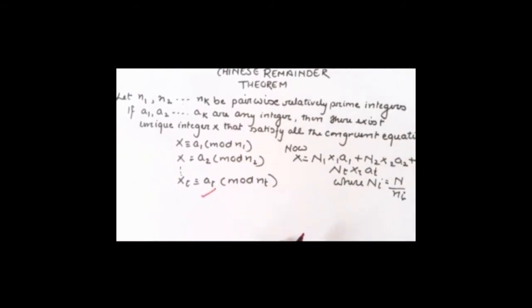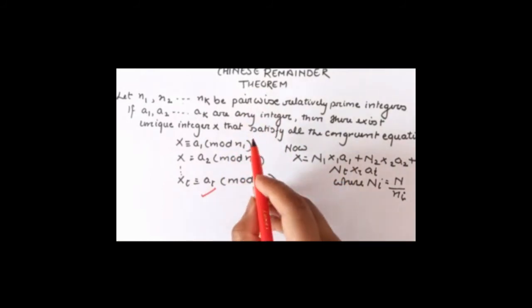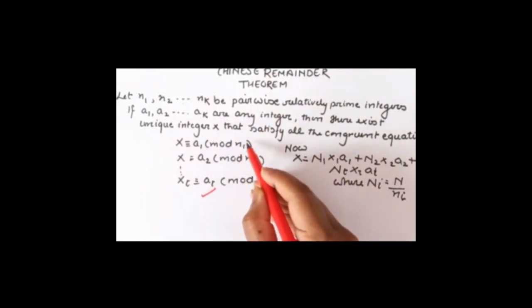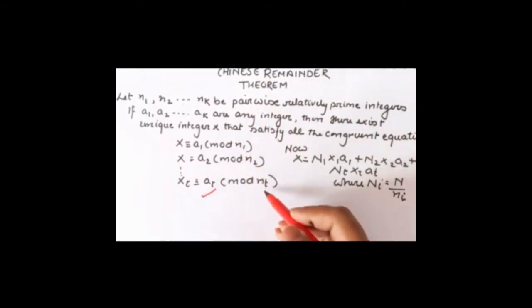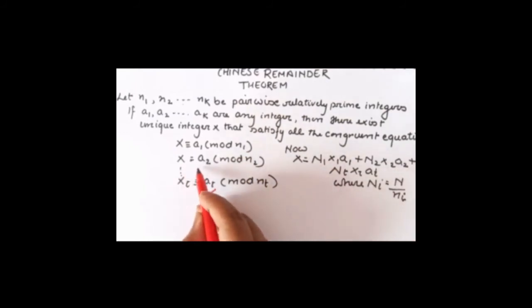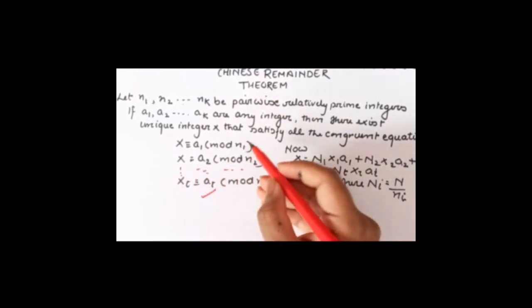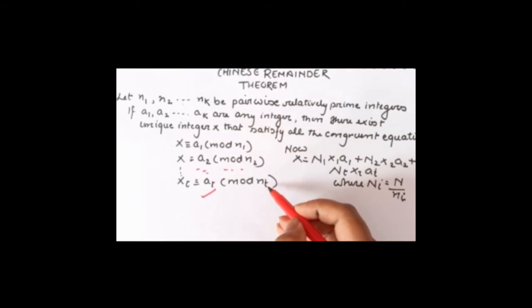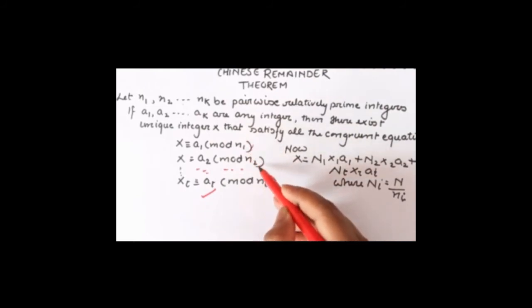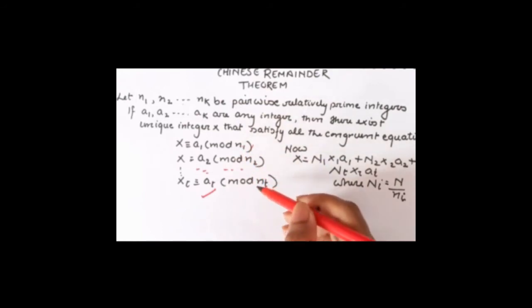Let me explain what is written. Basically, if n1, n2 up till nt are numbers, there can be many equations here, and these are pairwise relatively prime. Maybe n1, n2 are prime, maybe n3, n4, maybe n5, n6.